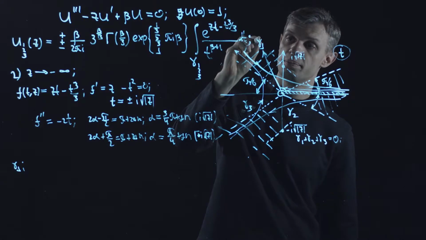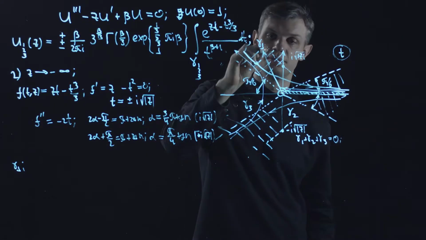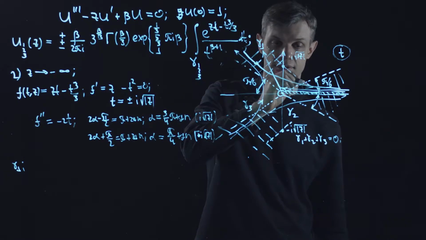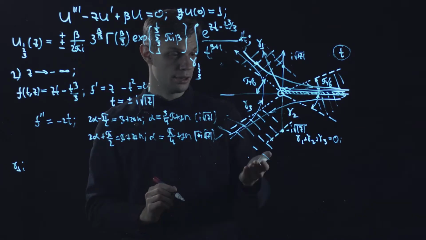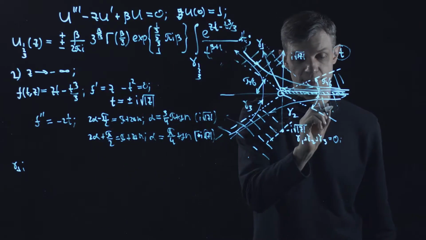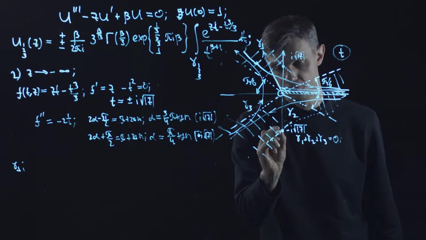One of them passes through the saddle in the steepest descent direction in an up-down way. The same thing is true for the lower solution, because again it passes through the saddle in this steepest descent direction.